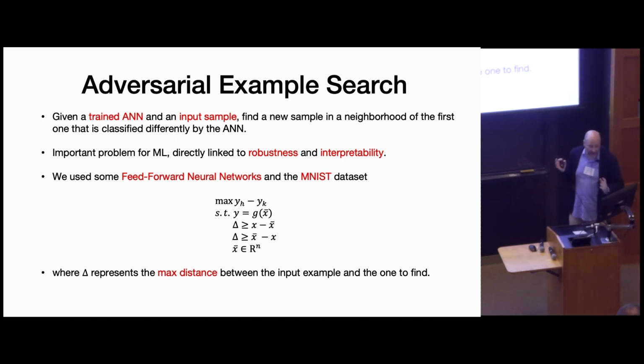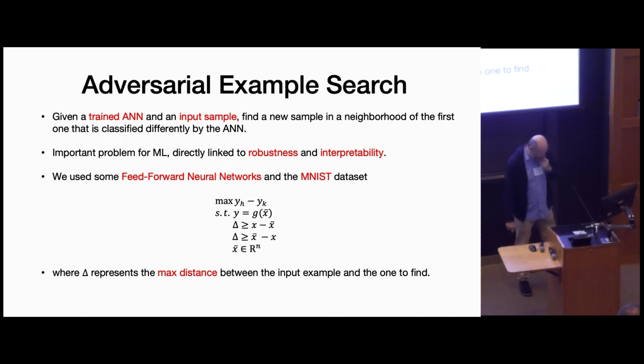So now, does it work? Well, this is one of the most satisfying or interesting examples for this area of integrating the trained neural network into a MIP. It is called adversarial example search.